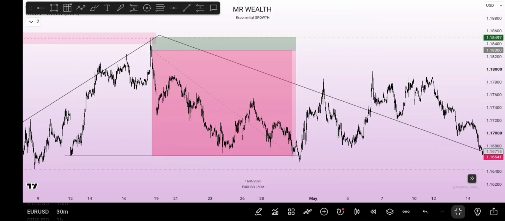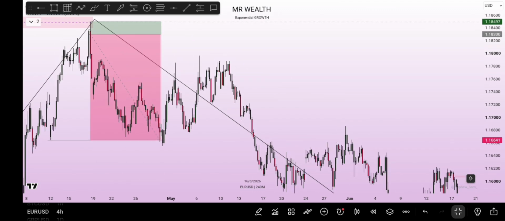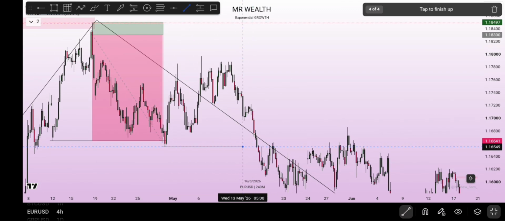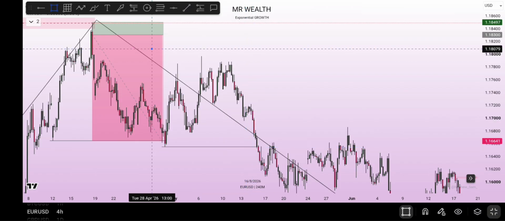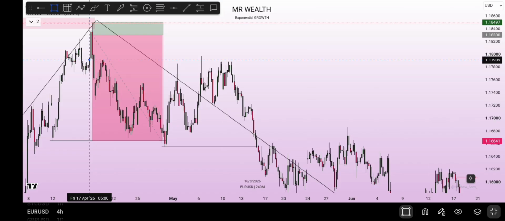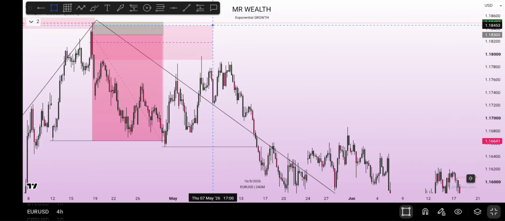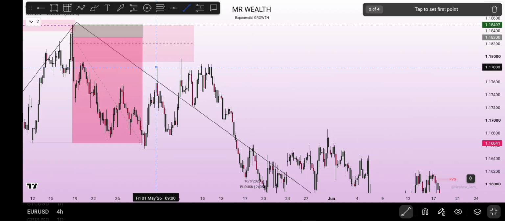So let's mark out the next break of structure and go and look for the entry. So over here, it came to the last block, swept some liquidity, swept this guy. So this is a very valid one.